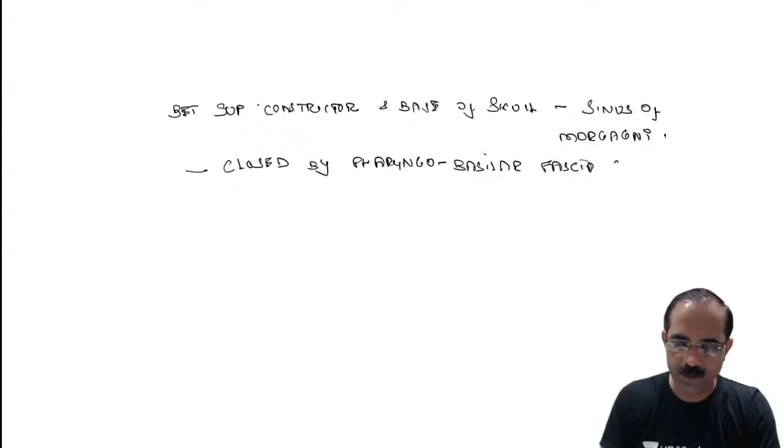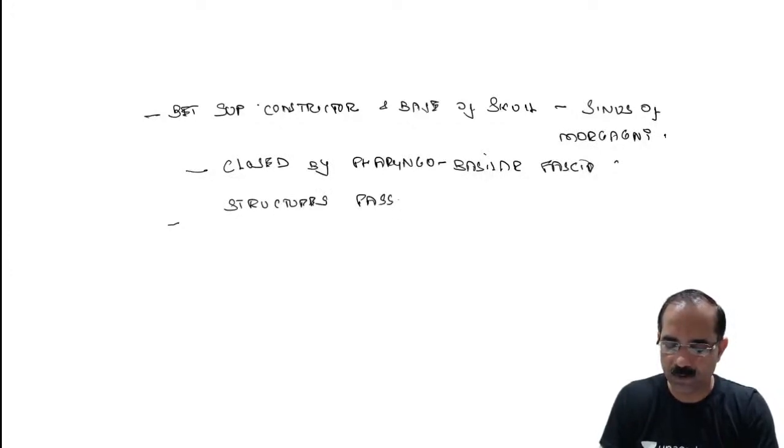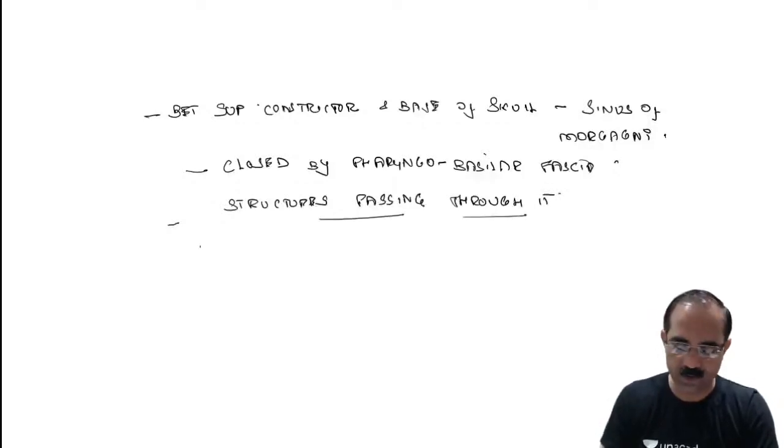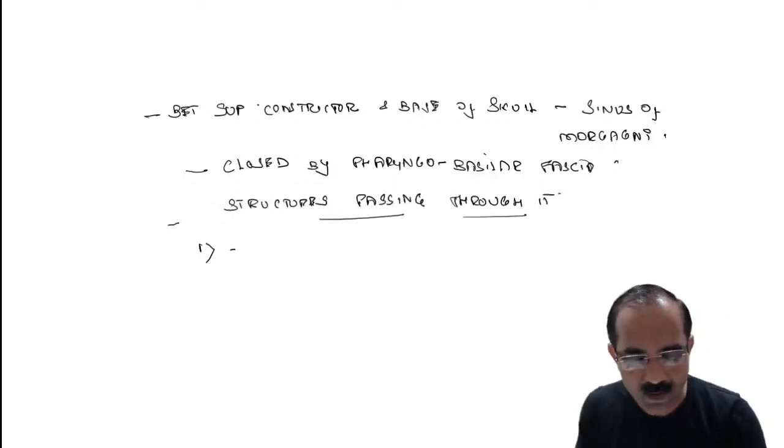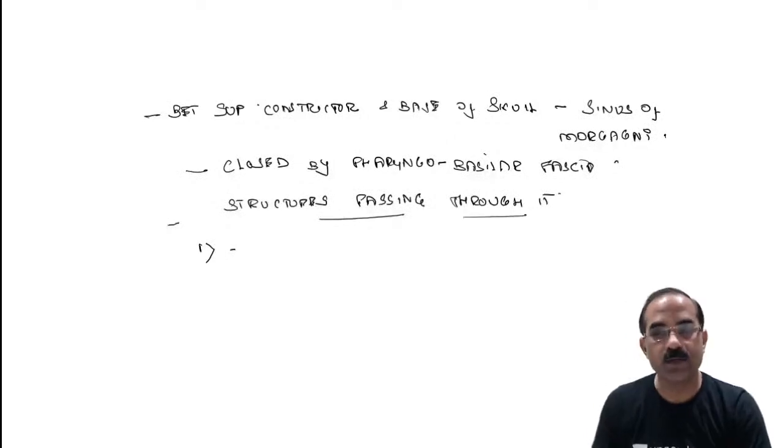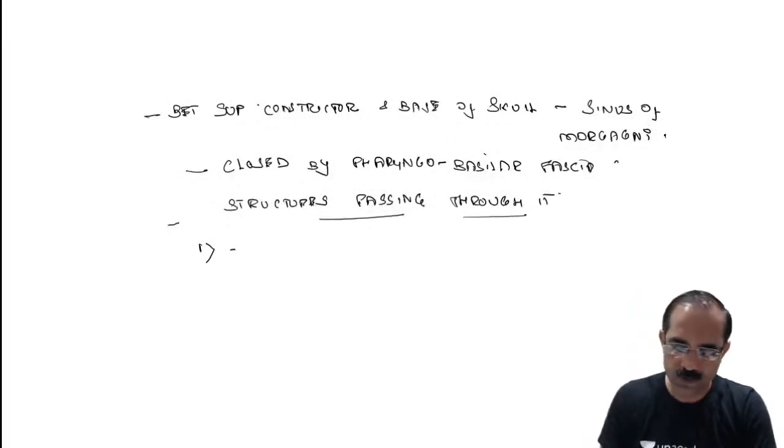Now, what are the structures passing through it? Another very important MCQ. Number 1 is the eustachian tube, or the auditory tube.